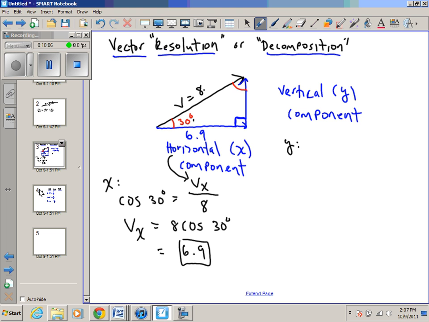So I say the sine of 30 equals the opposite, which is my y component, v sub y, over the hypotenuse, which is 8. Multiply both sides by 8, and I get v sub y equals 8 sine 30 degrees. The sine of 30 degrees is 0.5, so this has a value of 4.